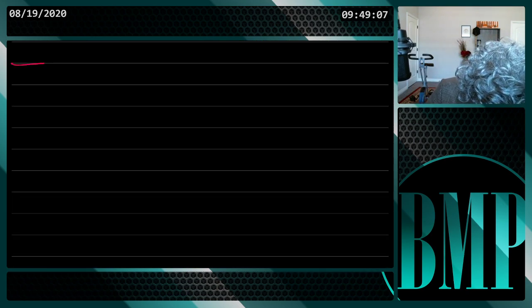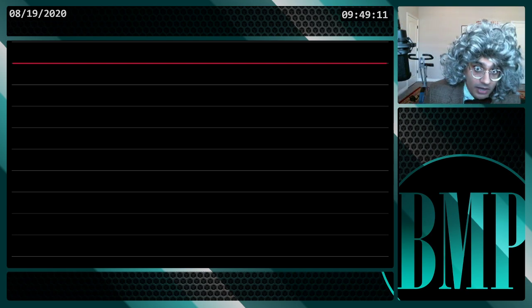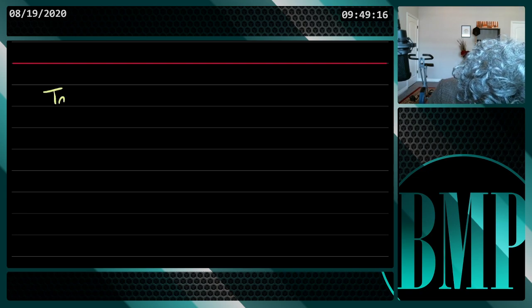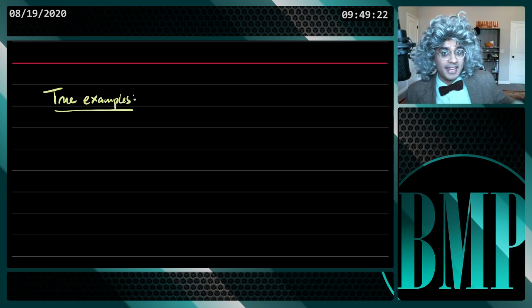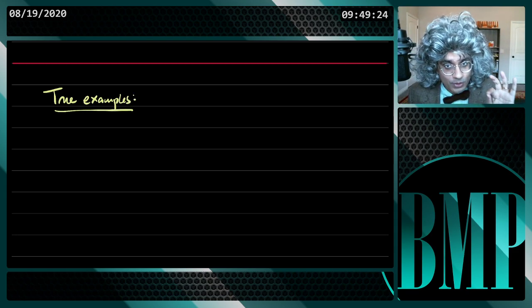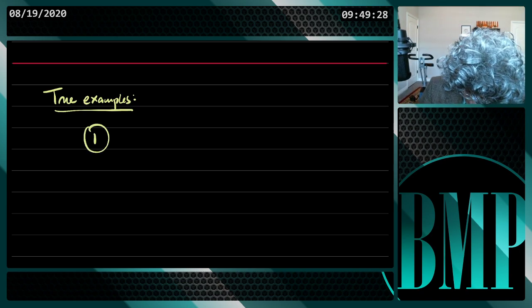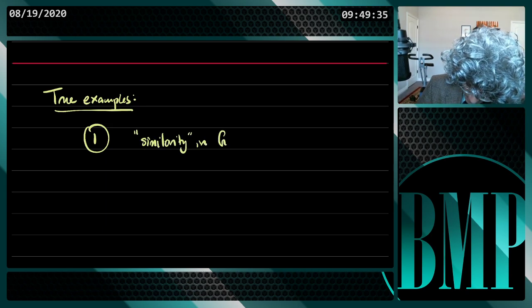Next. Now I'm going to bombard you with examples in mathematics of equivalence relations. All right. So true examples. I showed you the geometry one, but in geometry there was another one. It was similarity. So example number one, similarity in geometry.